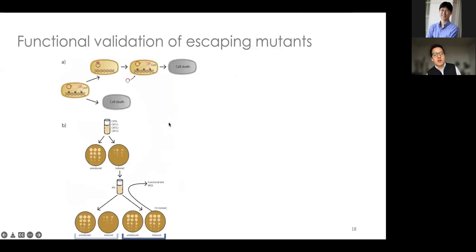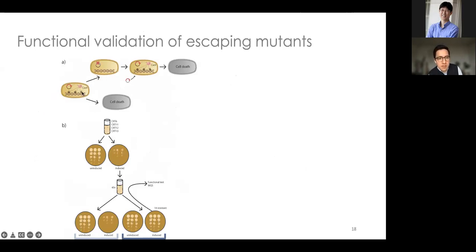So we designed an experiment to see if this escape was due to Cas9 or if it was a mutation acquired somewhere else in the chromosome that would allow for the cells to escape.